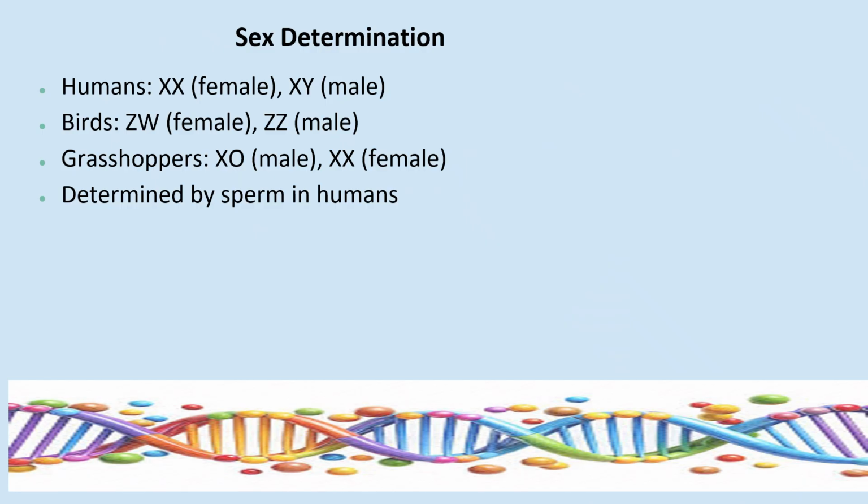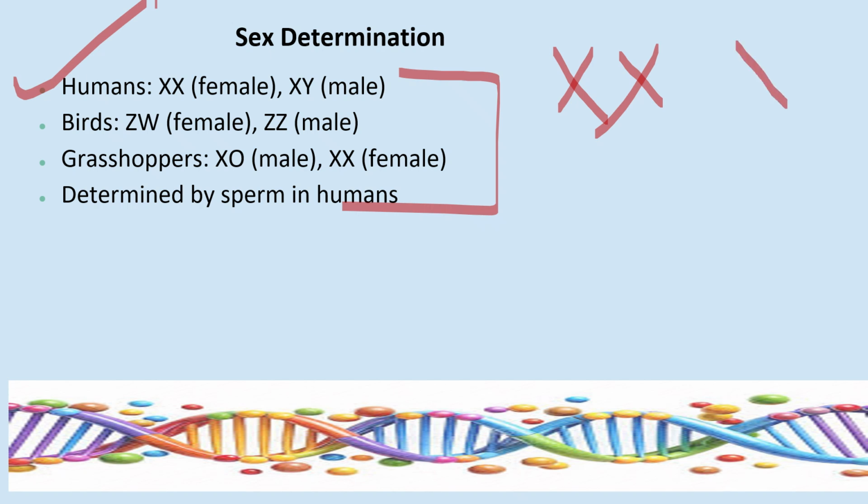Now coming on to the next topic, sex determination. The determination of gender of the progeny is called sex determination. We have three methods by which sex can be determined. Number one is that in humans, XX and XY, we have been studying for so many years that females have the chromosome combination XX and males have XY, right?